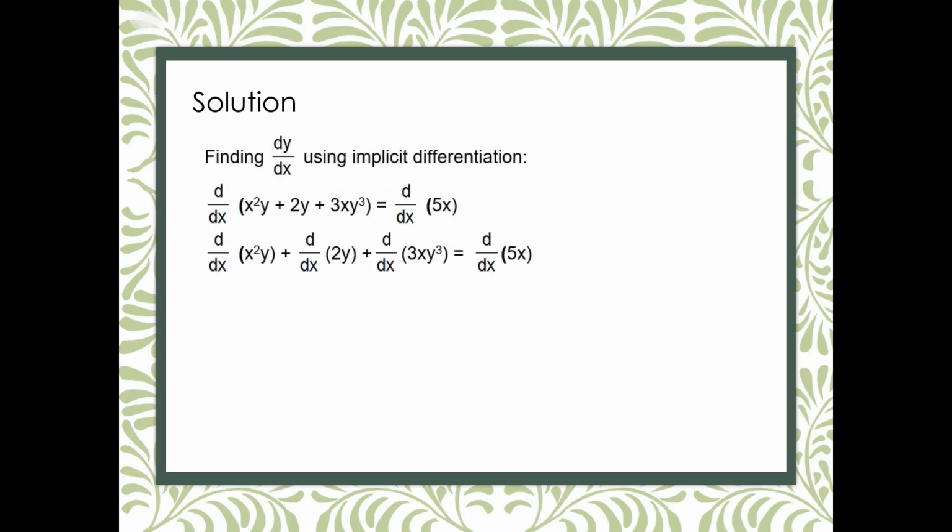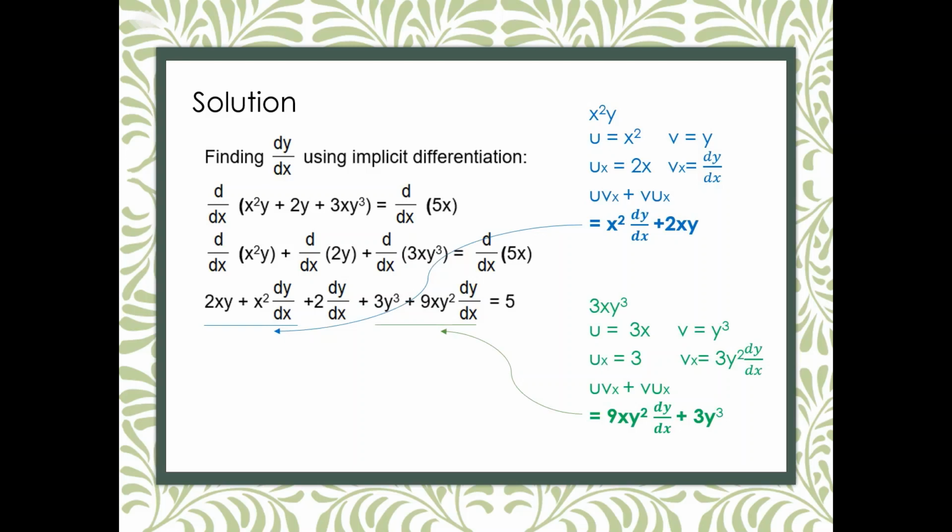To find dy over dx using implicit differentiation, you need to differentiate both sides with respect to x, meaning you need to differentiate each term with respect to x. Differentiate x squared y with respect to x. Using product rule, the answer is 2xy plus x squared dy over dx.